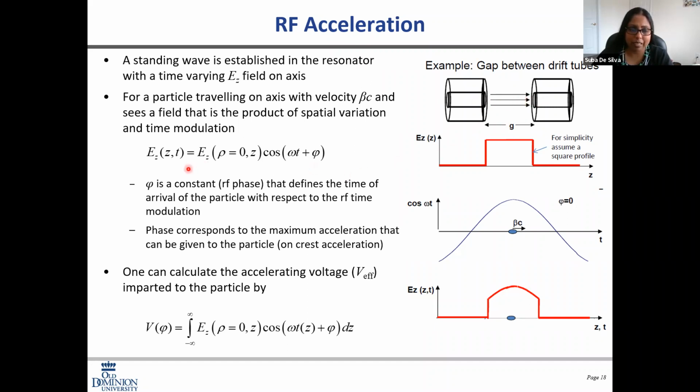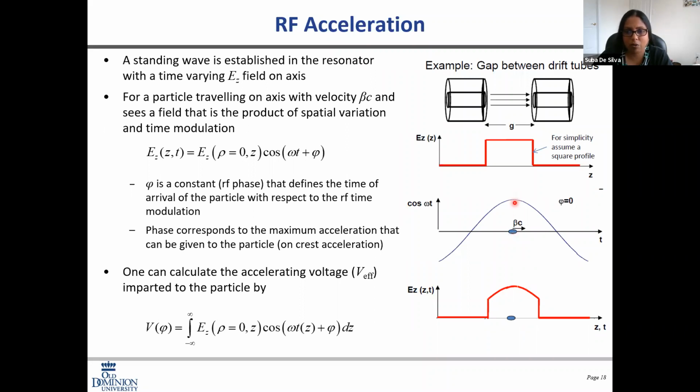So you can write the time-dependent electric field as a function of the electric field between the gap and the time dependence of it, including phi, which is a constant, but it defines the RF phase at which the particle is with respect to the RF field.